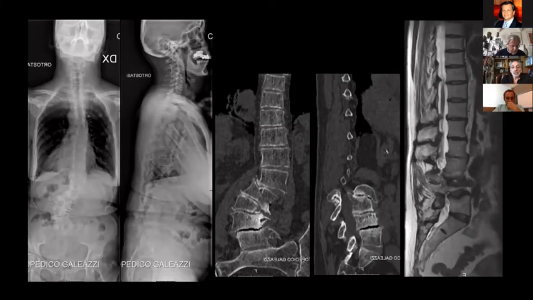Here you can see the typical shape of deformity of the spine, because the curve is very short. There is a complete lack of lumbar lordosis. We can see very well all the compensatory mechanisms.